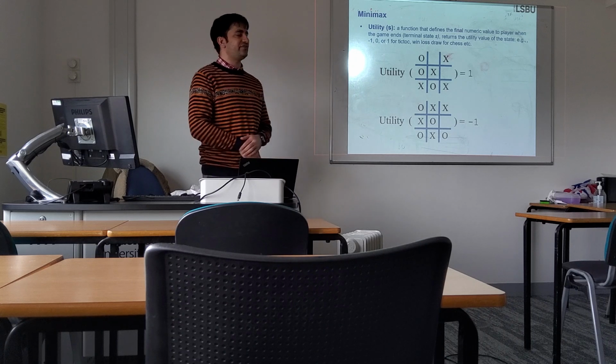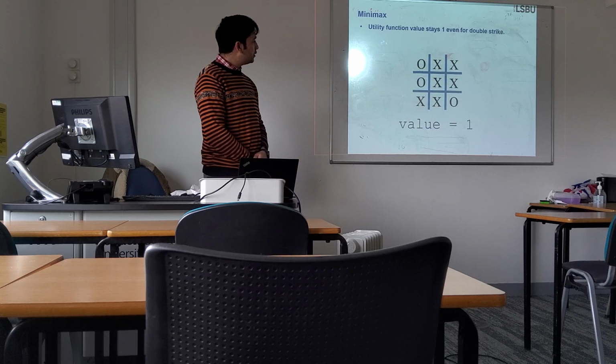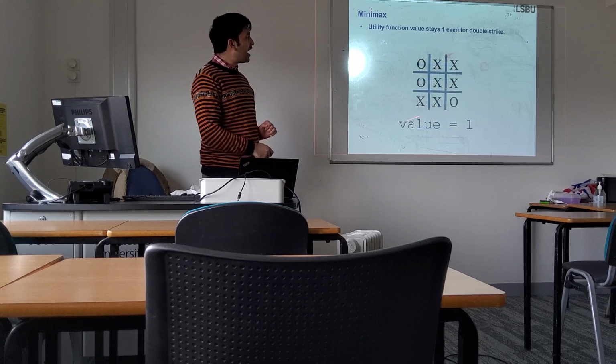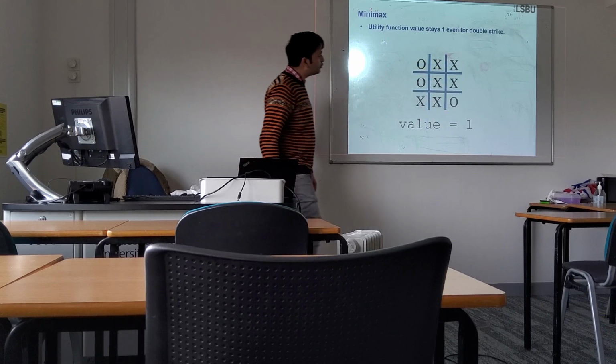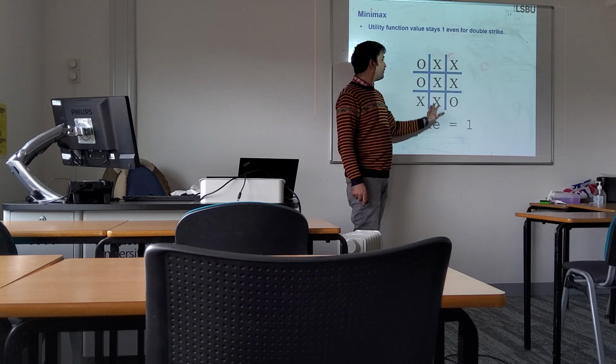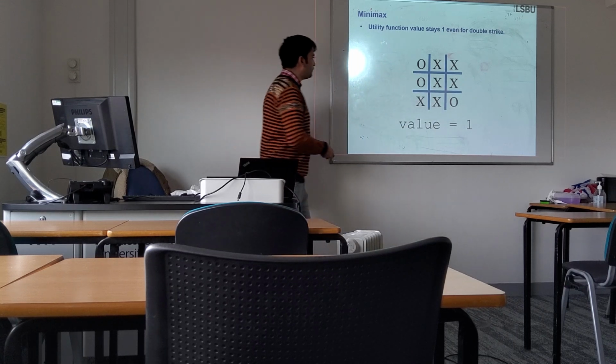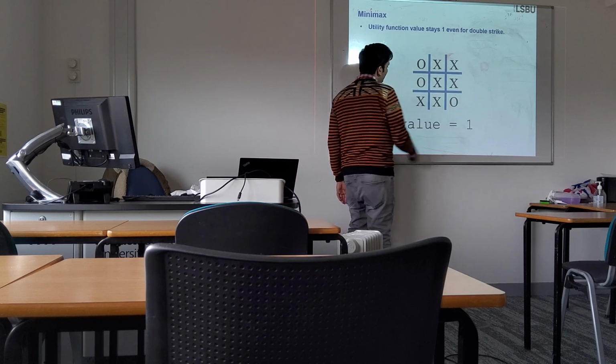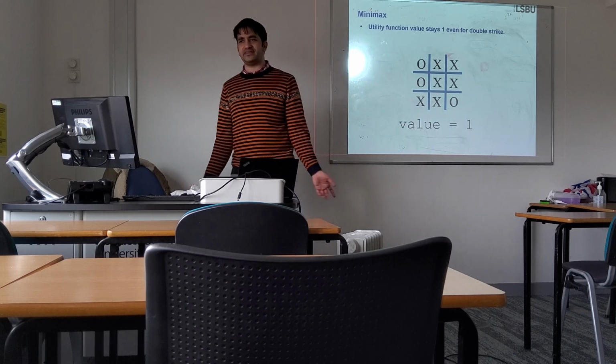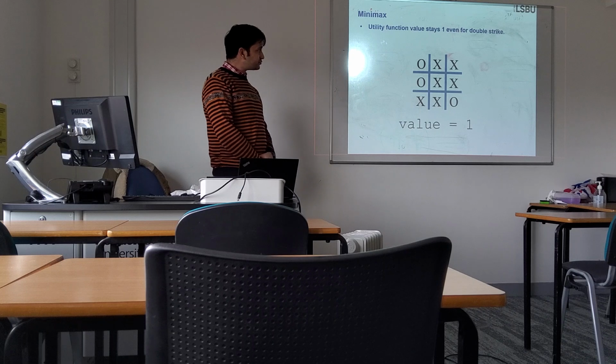If the move was such that you have two possible winning states, you can see that this can be or this can be, your value would still be 1 because it is still a win.